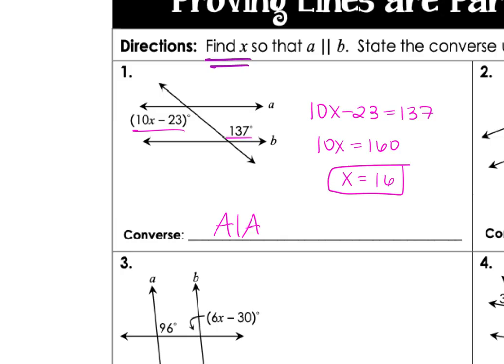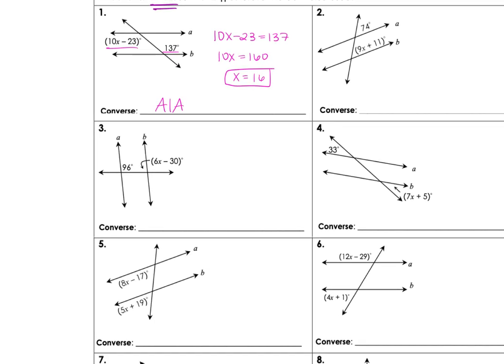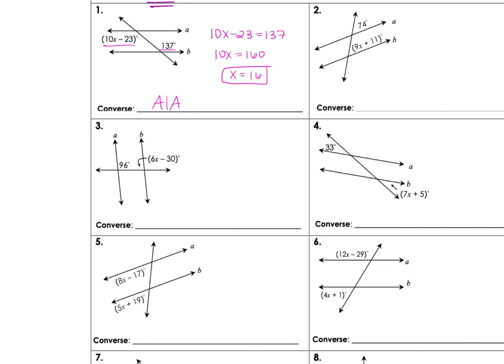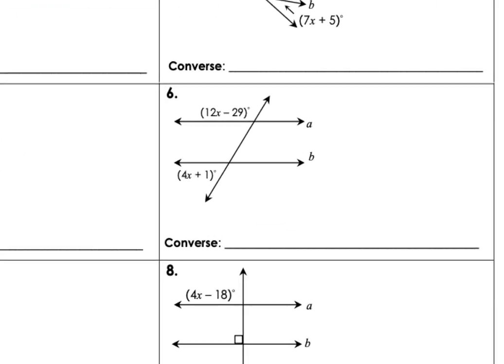The only other one I'm going to do right now is, well, you tell me. You want 3 or 6? 6. Okay. Tell me what kind of angles you see in number 6. Same side exterior angles. What has to be true of SSEA in order for lines to be parallel? They have to equal 180.